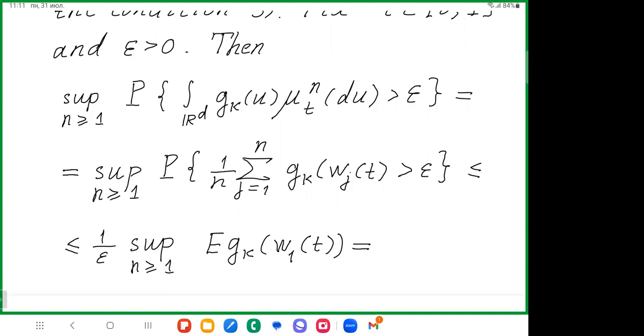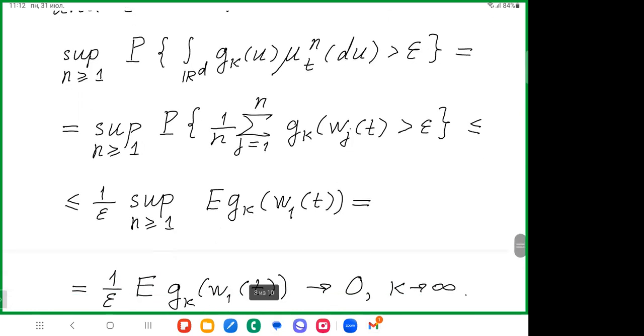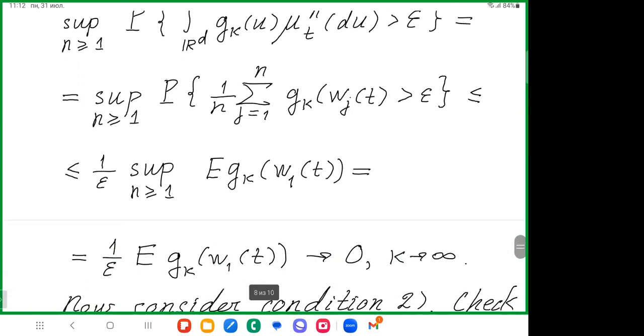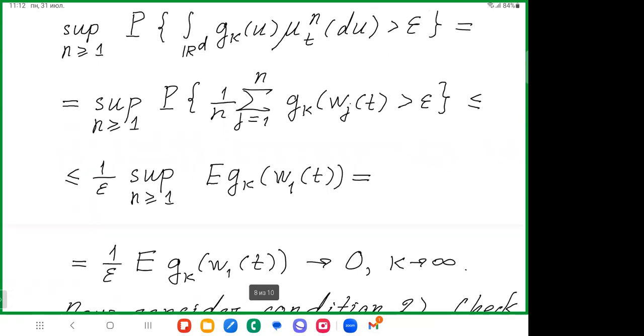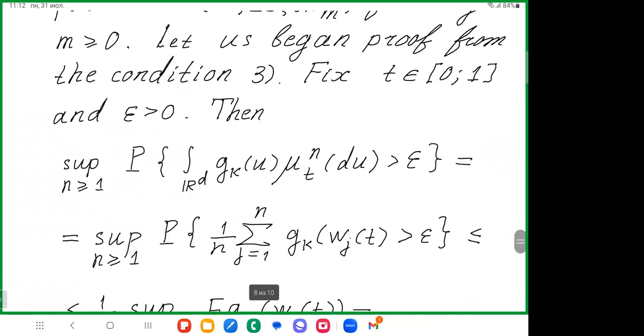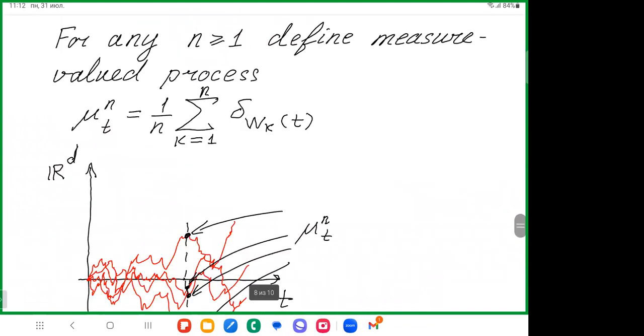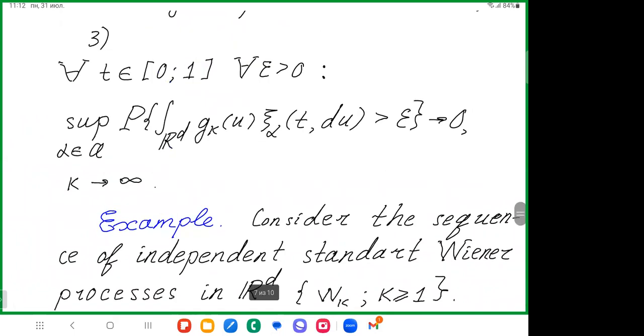So we have such an inequality, and one can easily see that as k tends to infinity, this expectation tends to 0. Now let us go back to condition 2. As I said, this condition is the most intriguing.